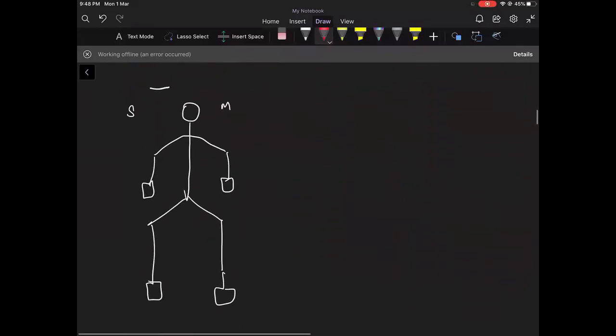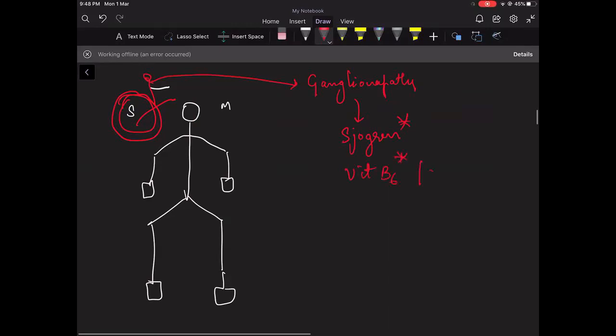And the last variety where there is only involvement of sensory, that is, the dorsal root ganglia are affected. It is also called ganglionopathy. And the causes under this are Sjogren syndrome, vitamin B6 toxicity, even deficiency can cause this kind of presentation. HIV can involve dorsal root ganglia.